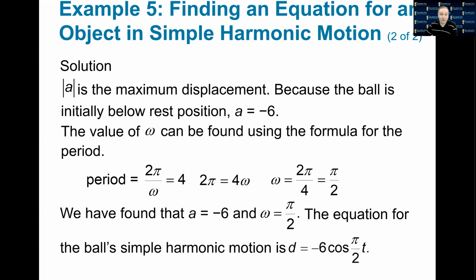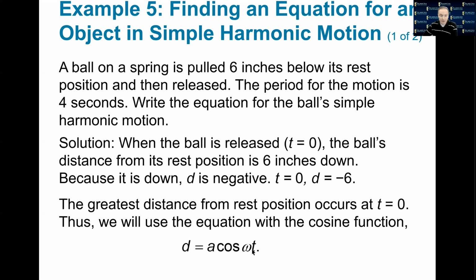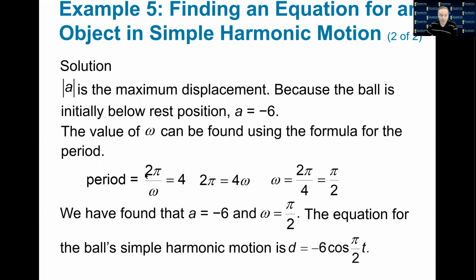The period every single time is just 2 pi divided by the coefficient of the angle. And the coefficient of the angle is whatever omega is. So we say our period is going to be 2 pi divided by omega. We know it said it took 4 seconds for it to get back down to its original position. So the period is 4.